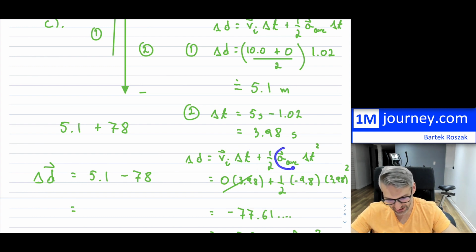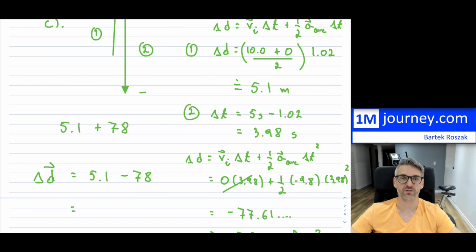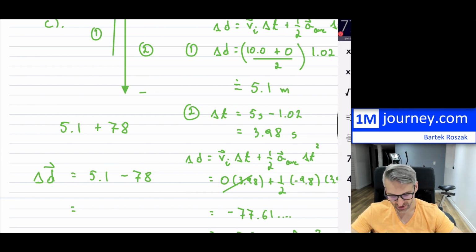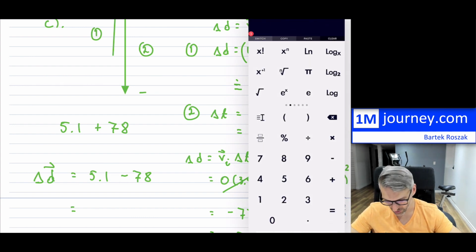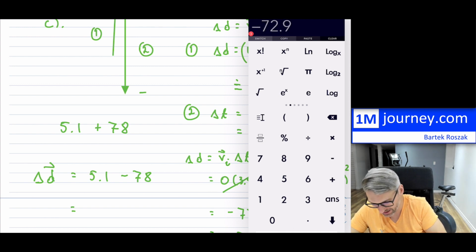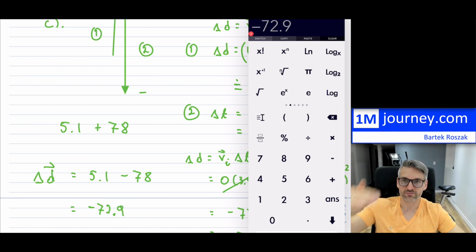You would have plugged in your gravity, which is negative 9.8, and you would have plugged in here 5 seconds for the total, up and down. And it would have given you exactly the same thing. So this is what we would do. We would say 5.1 minus the 78, which is approximately negative 72.9. So this is from the reference, it went down that much.